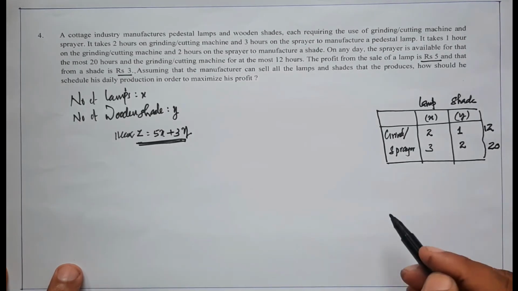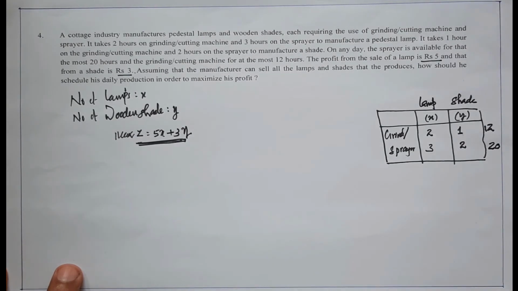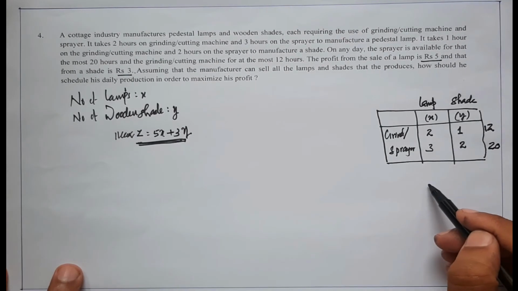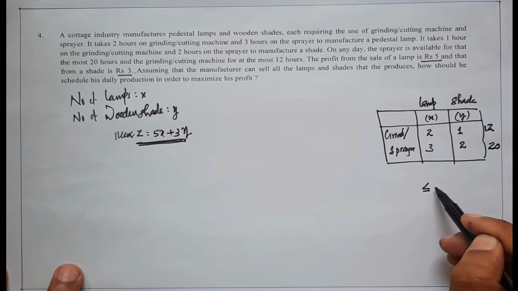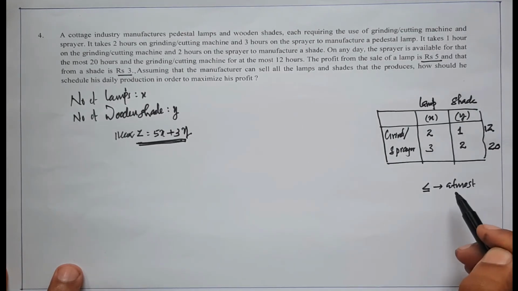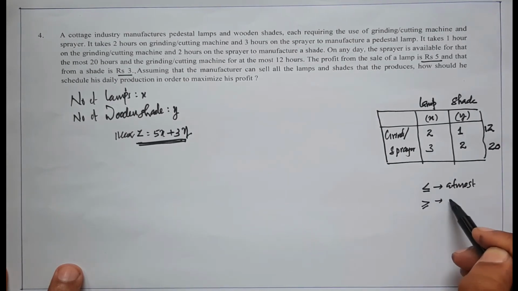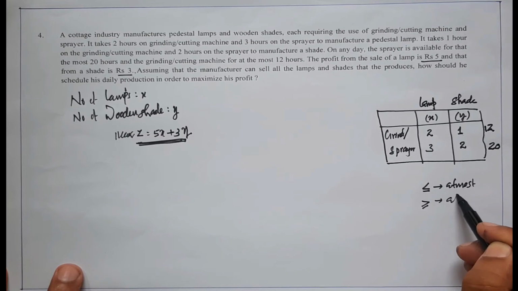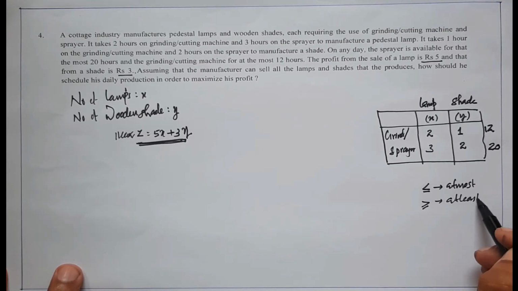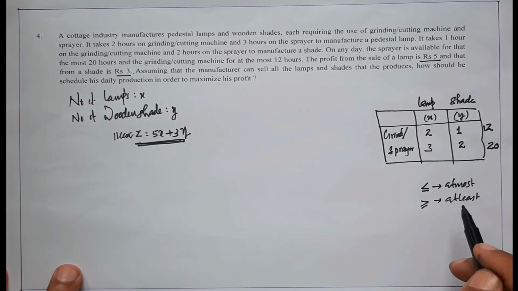At most means maximum time, so the inequality connected is less than or equal to. At least is connected with greater than or equal to, as you learned in first year, but this year we have not included at least type problems. So we connect at most with less than or equal to.